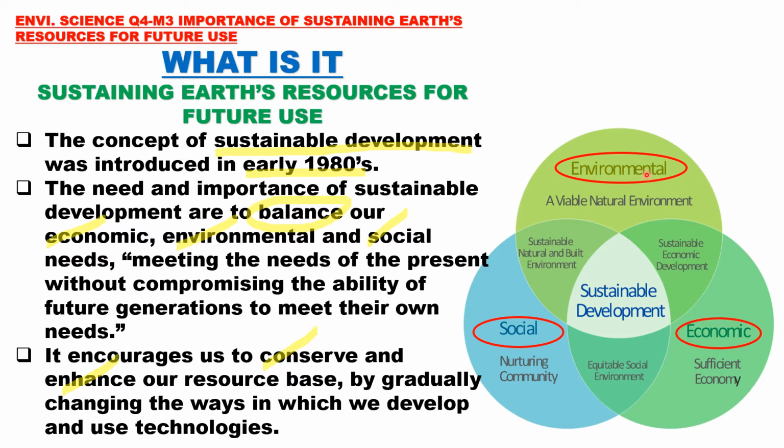Economic and environmental needs balanced together will give us a sustainable economic development. Social and environmental needs balanced together will give us a sustainable natural and built environment. Altogether, this will bring us sustainable development.